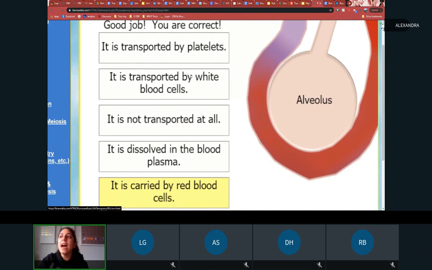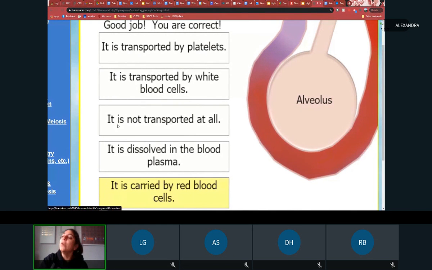We haven't talked about white blood cells. White blood cells are specific to our immune system. They come and fight any sort of invader, any germs, bacteria, anything foreign that enters our body. So that's specific to our immune response.